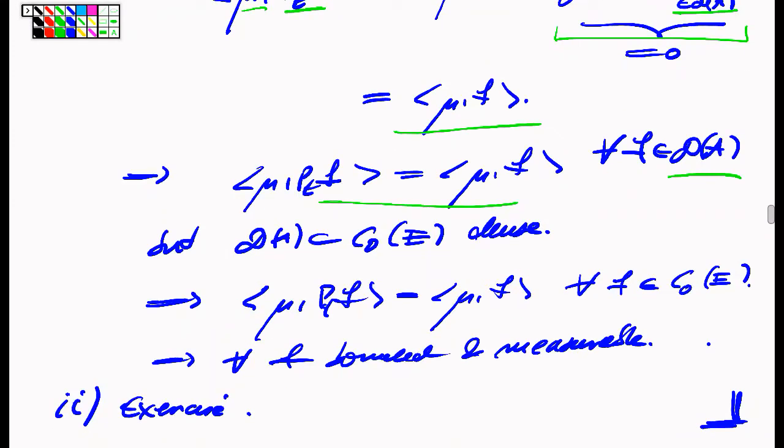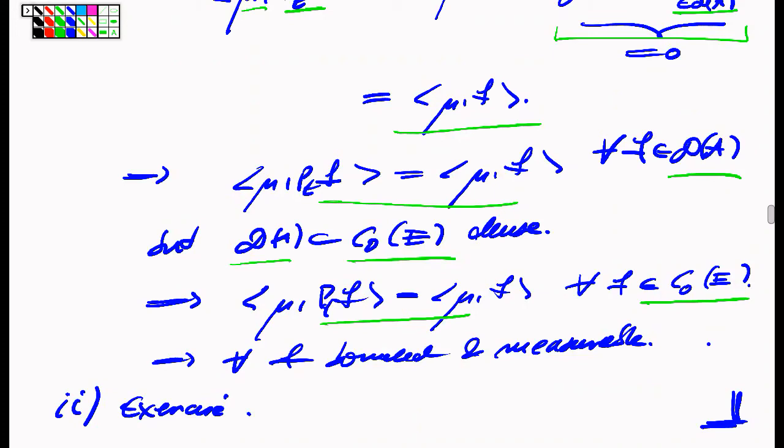But since the domain of the generator is dense in the set of all continuous functions which vanish at infinity, we find that this equality holds by approximation for all continuous functions which vanish at infinity.